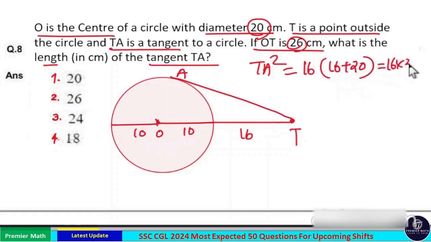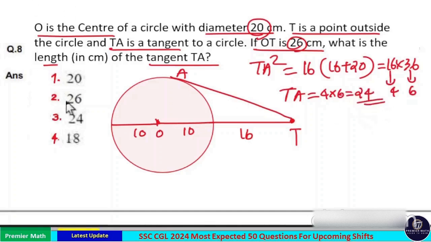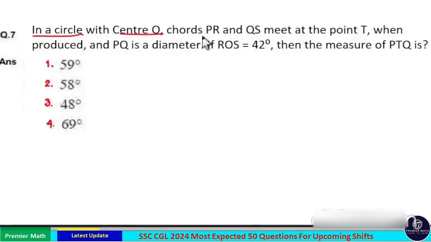That is, 16 into 36. If TA square is 16 into 36, then TA is equal to 4 into 6, taking 4 out of 16 and 6 out of 36, so 24 is TA. So, option.